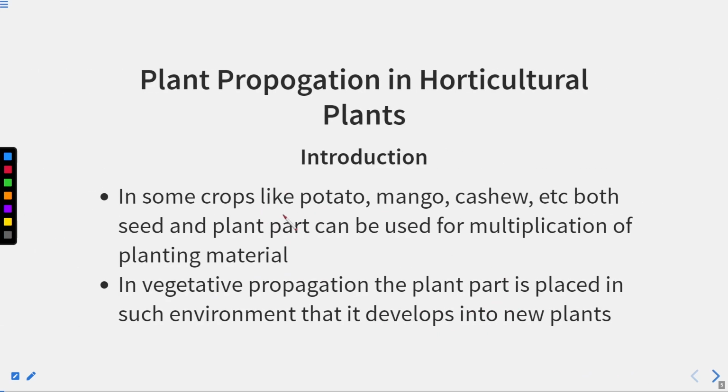In some crops like potato, mango, cashew, both the seed and the plant part can be used for the multiplication of the planting material. So both methods, sexual as well as asexual or vegetative, are used to develop a new plant in the case of potato, mango, cashew, right?